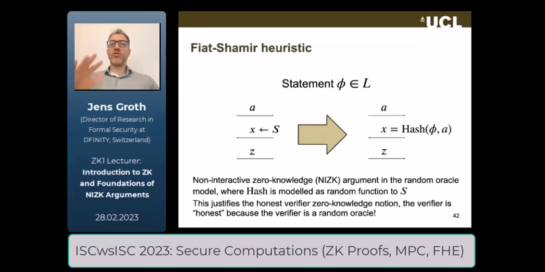What we assume when we prove that the Fiat-Shamir heuristic gives a secure non-interactive zero knowledge proof is that the output of the hash function looks random. So we say that we're in the random oracle model, where we model the hash as a completely uniformly random function. And if the hash function is a uniformly random function, then X is indeed uniformly random.